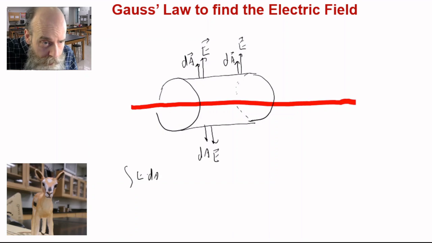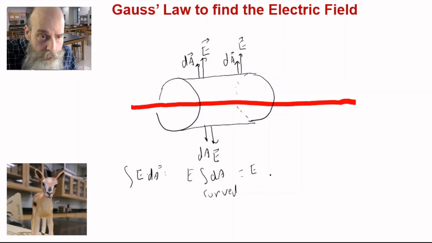So when we do our integral, E dot dA, it just becomes E times the dA of that curved surface. And because E is constant on that curved surface, constant magnitude, the area of that curved surface, and let's say in this problem the radius is A, because we want the electric field at a distance A from the line of charge.